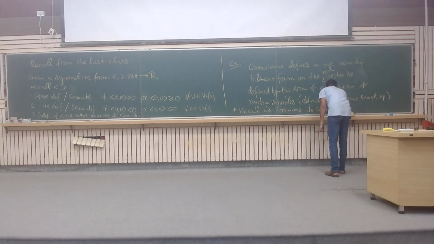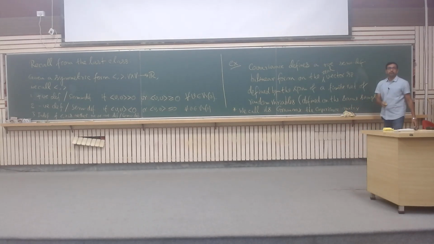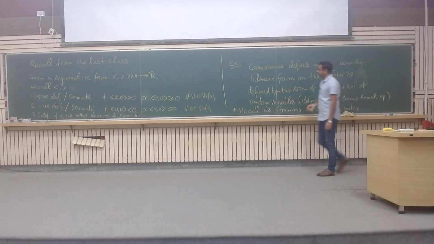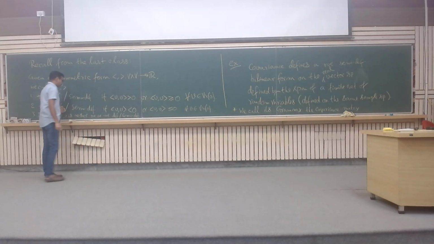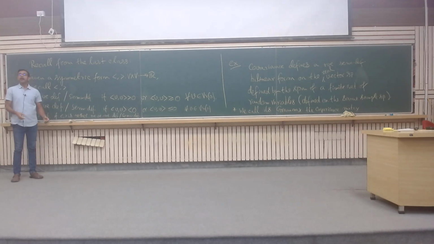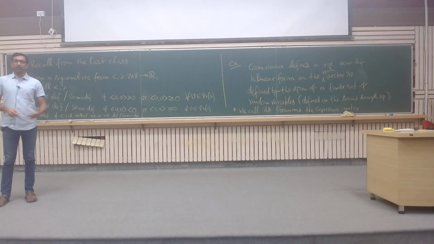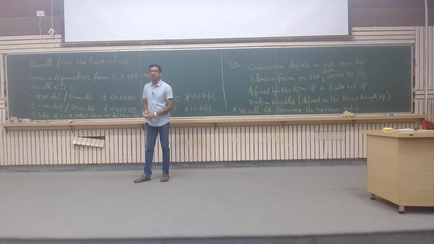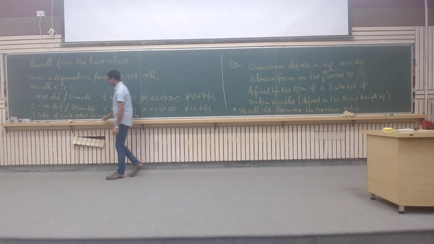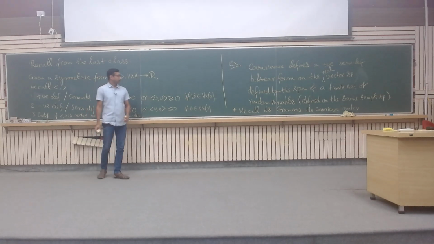So that's an example of a positive definite form and a positive definite matrix. We are defining now, immediately, what we mean by positive definite matrix or a positive semi-definite matrix.